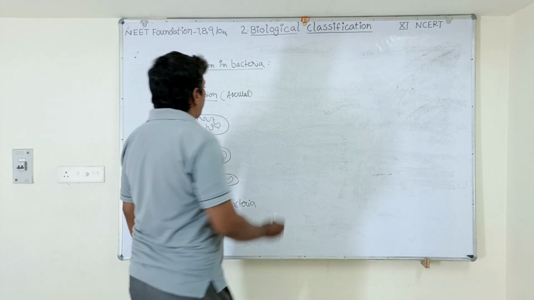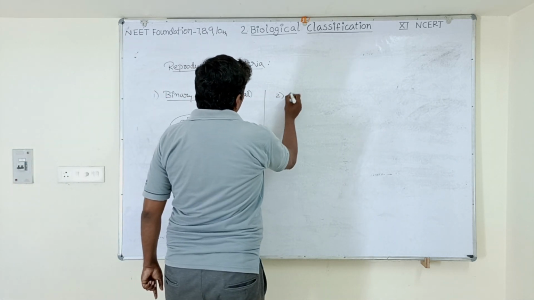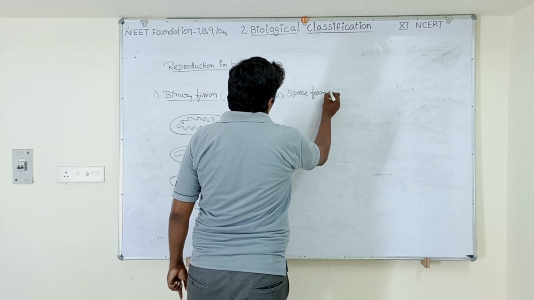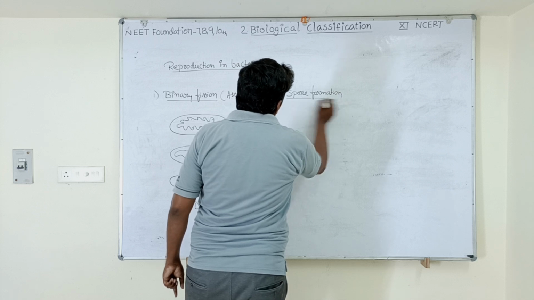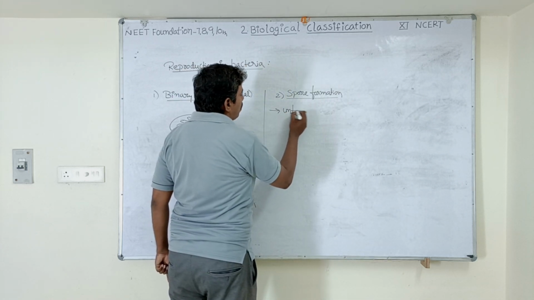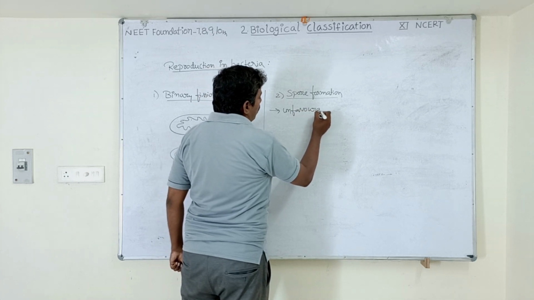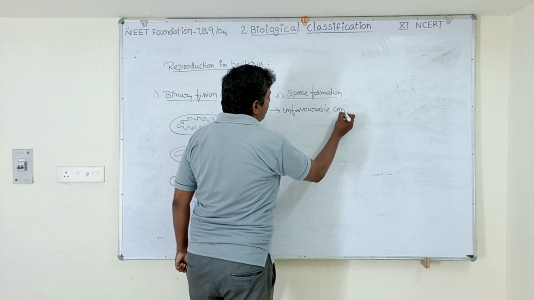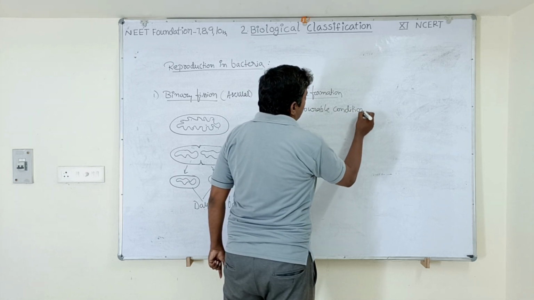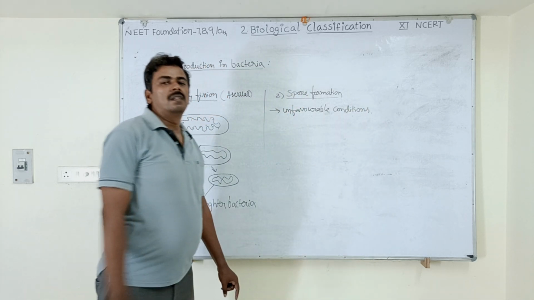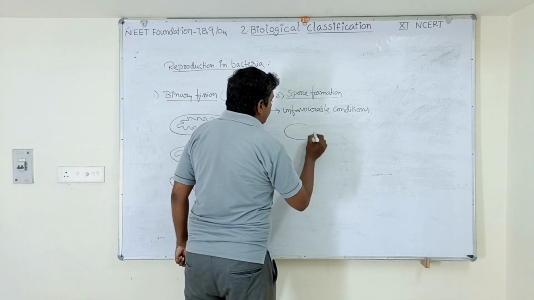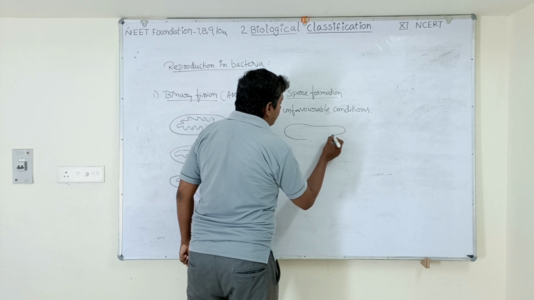Next, the second method: spore formation. This process of reproduction is especially seen during unfavorable conditions, such as high temperature or absence of food material in the surroundings. In such circumstances, the bacteria will use this spore formation method.